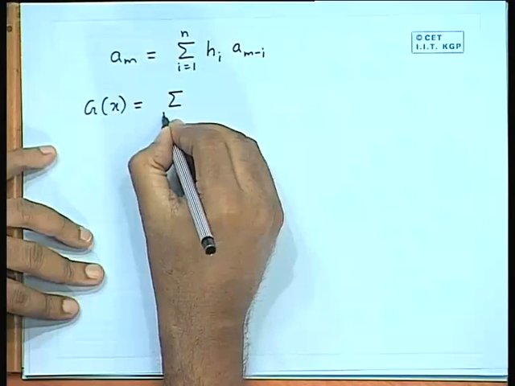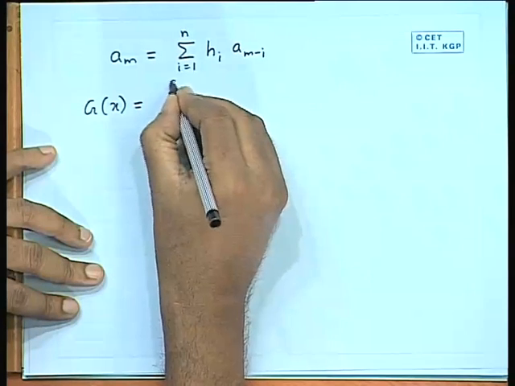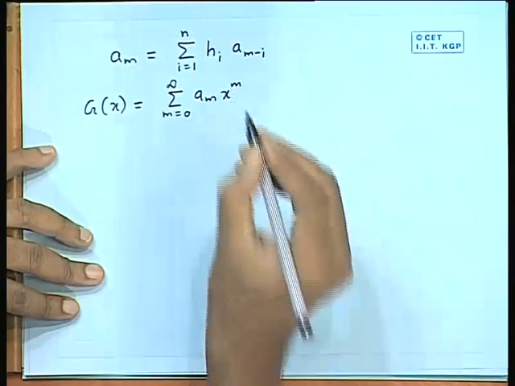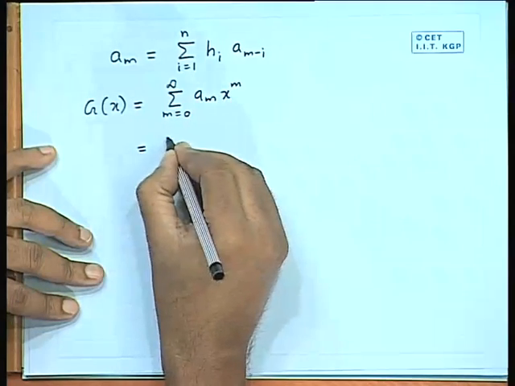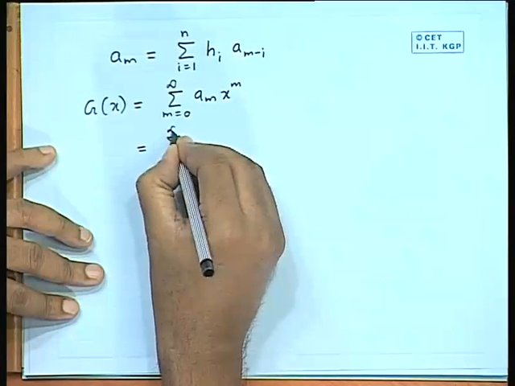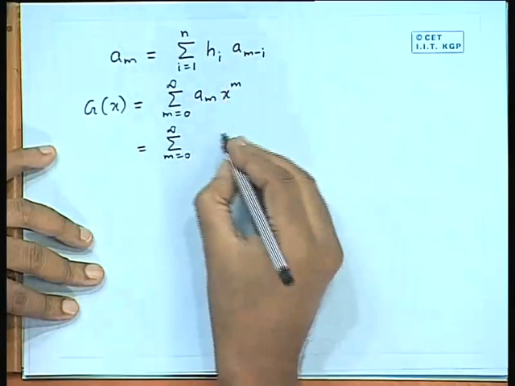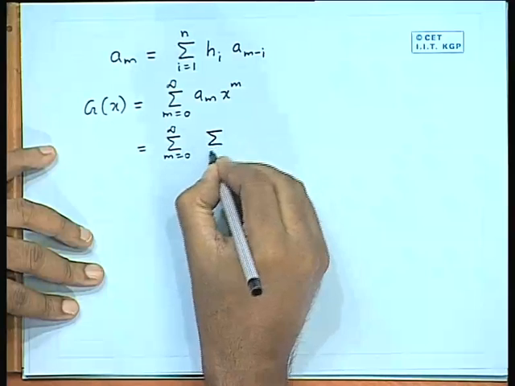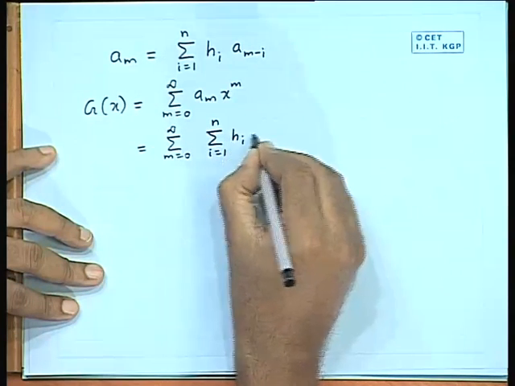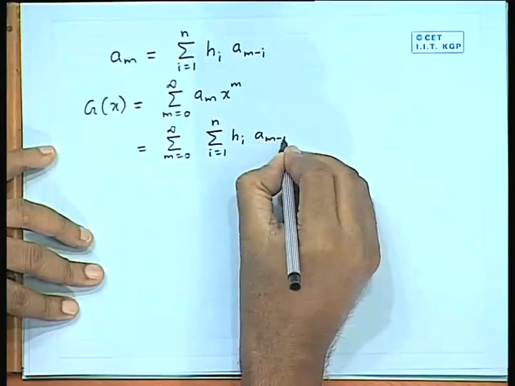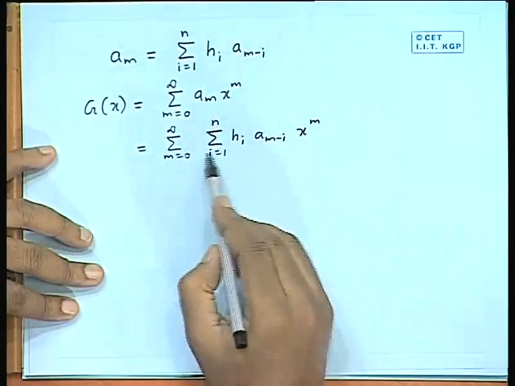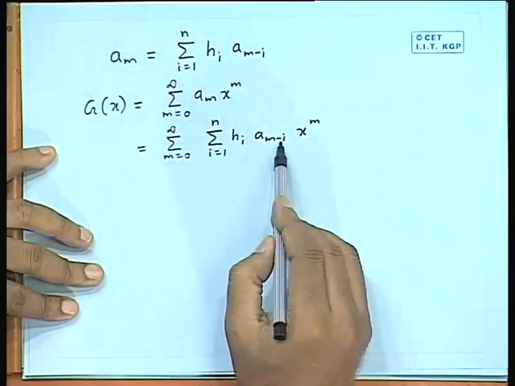So, G(x) we had said is the summation over m equal to 0 to infinity of a(m) x to the power m. Now, this we can write like this. Instead of a(m) we can substitute this: summation over i equal to 1 to n of h(i) a(m-i) x to the power m. So, instead of a(m) we have written down this expression.